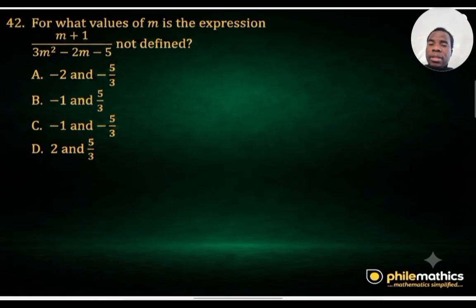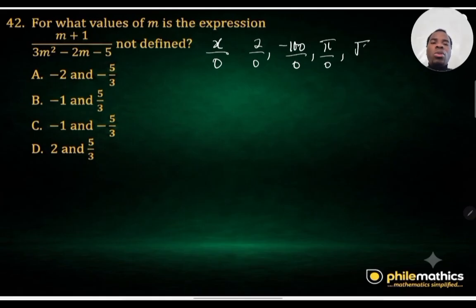In mathematics, a function is undefined if it is any value you think of over 0. Things like this, so you have 2 over 0, minus 100 over 0, pi over 0, square root of 2 over 0, and the likes.